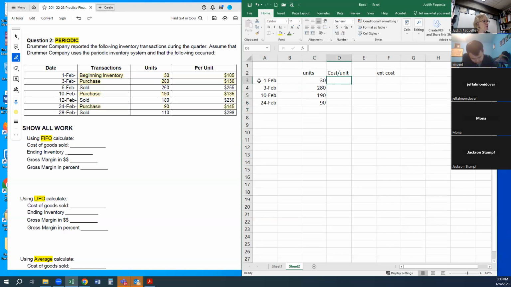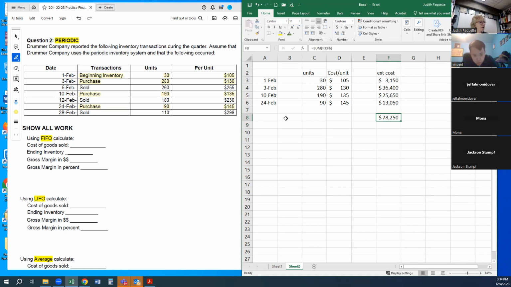And then cost per unit: 105, 130, 135, and 145. And then we've got extended cost. How close is it, Ryan? Oh, I think he's offline.